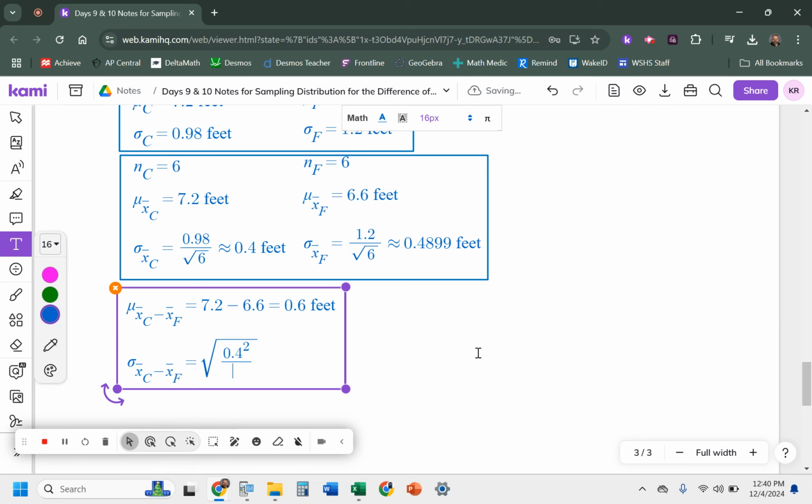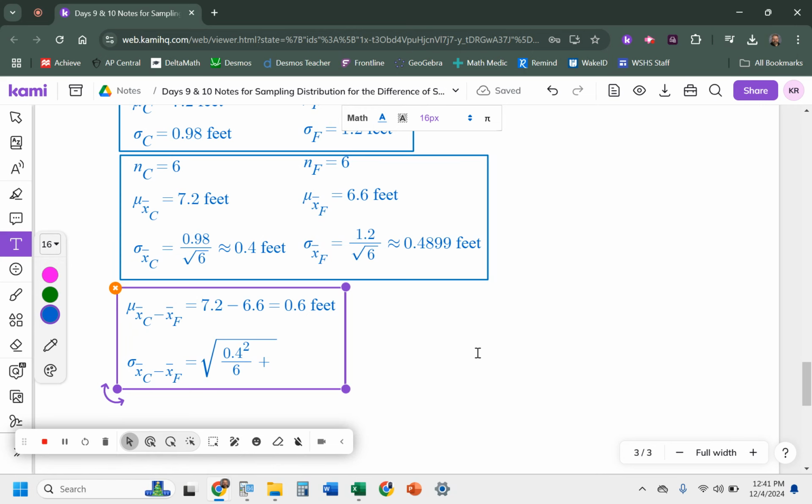Now, the reason I don't take the square root of the sample size, as we discussed yesterday, is I'm actually squaring this entire fraction. So I'm squaring the numerator, but when I square the denominator, the square root and the square are inverse operations, and basically they just cancel each other out. Then I'm going to use a plus, even though I'm subtracting and finding a difference.